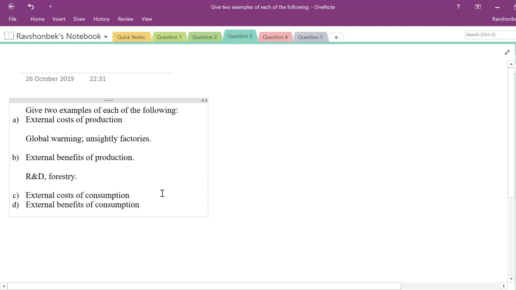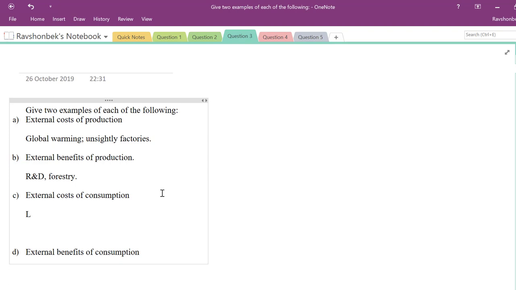Right. So next, external cost of consumption. We usually see litter as a byproduct of consumption, or the consequence of consumption. Whatever we consume, we tend to see. We all try to put litter into bins, but nevertheless, some of the litter spills out and creates this external cost of consumption.